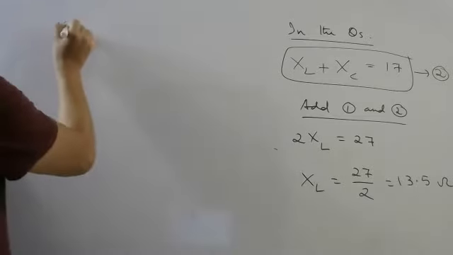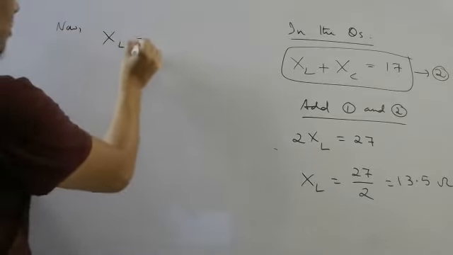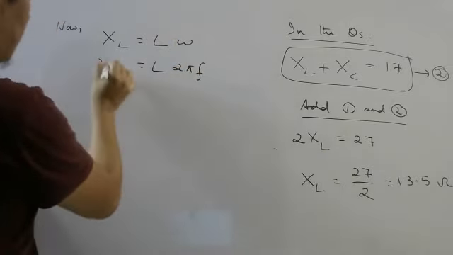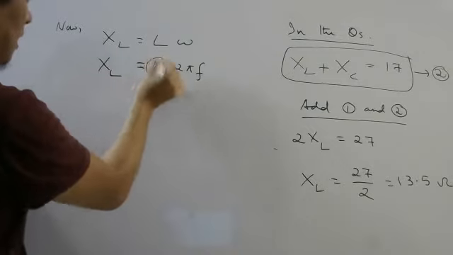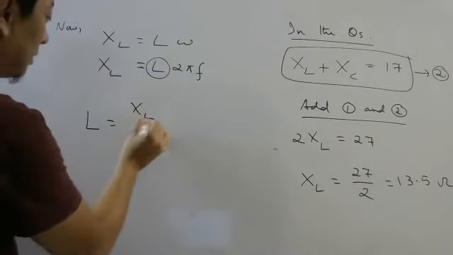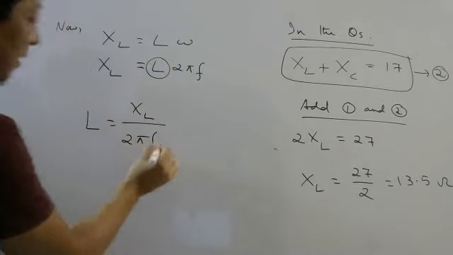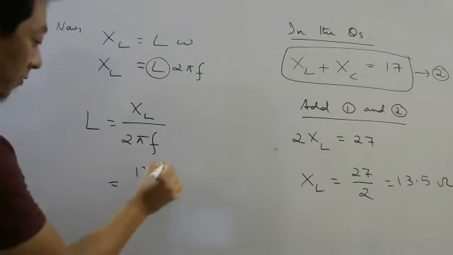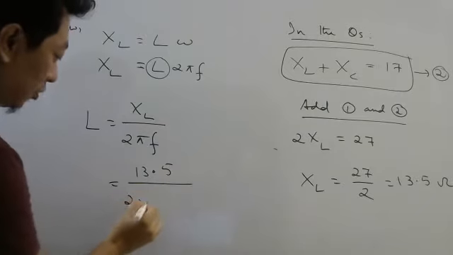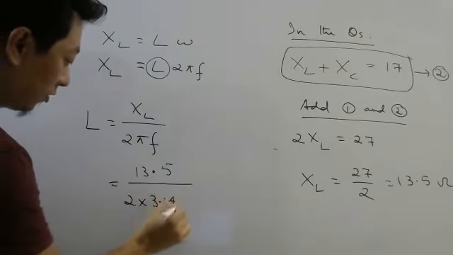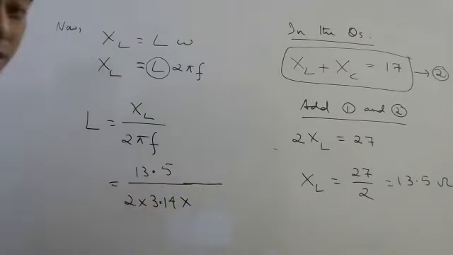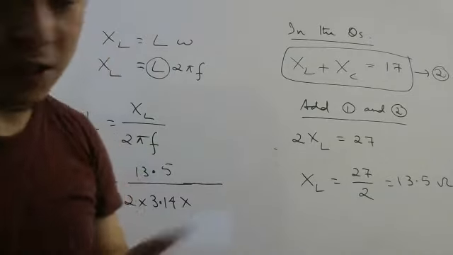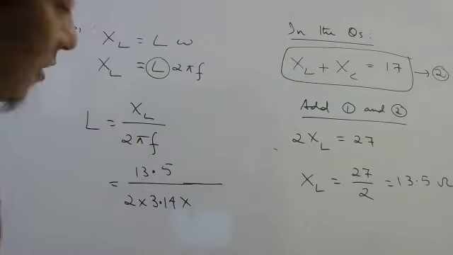So now we will use the formula XL equals L omega. Omega is 2 pi F. So from here, L we can calculate as XL divided by 2 pi F. So XL is 13.5, 2 into 3.14. Frequency, don't have the habit of writing 50 hertz all the time. Read the question. In this question, they told 100 hertz.